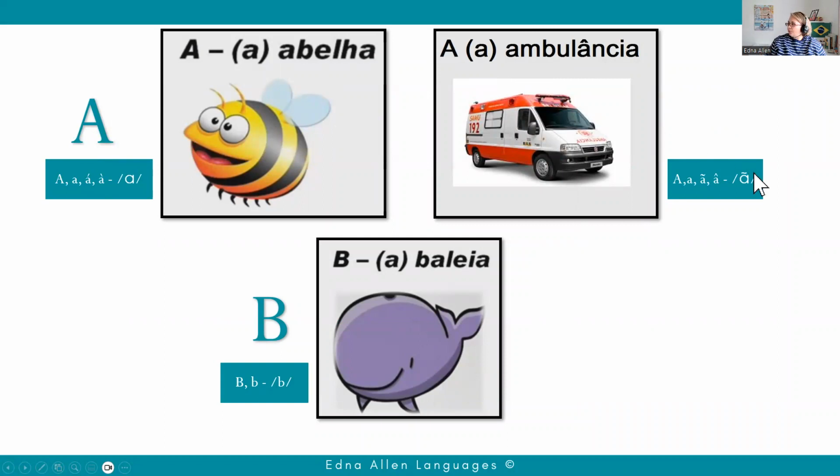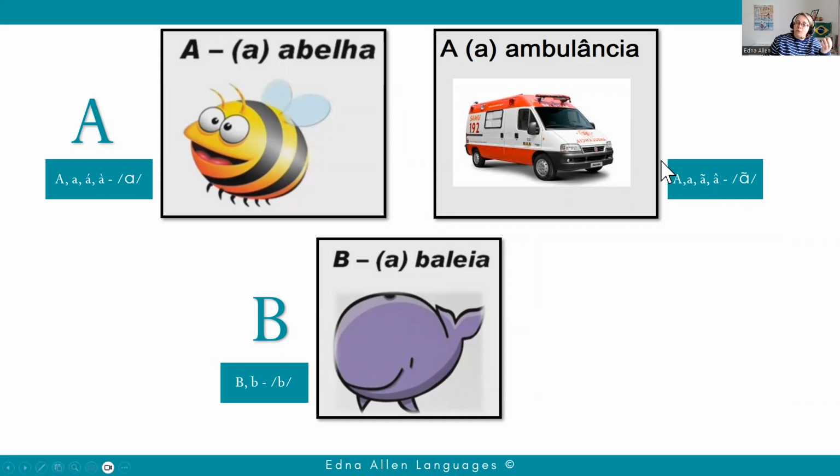This symbol over here is a til. Or when you have what we call acento circunflexo, né? That little symbol that looks like a little hat, right? So we say when you have those sounds together.